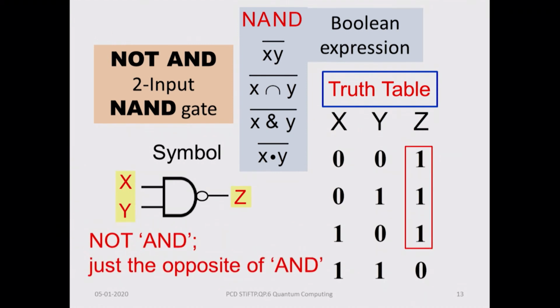Then you have the NOT AND, okay? And this is just the opposite of the AND gate. So, you take the AND gate and just negate it. So, that is what you get.